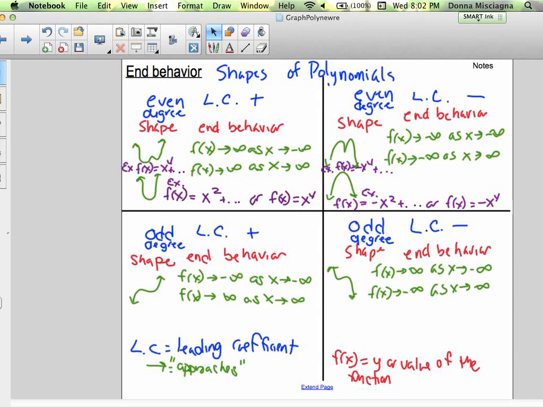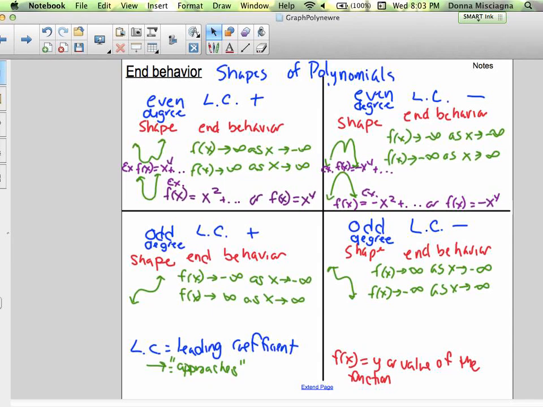And now we have our odd degree. And our odd degree is always going to look like an S. Sometimes it's got a little bit more wiggles in it if we add things to it, and a few less wiggles if we don't add things in. So odd degree, leading coefficient's positive. There's our basic shape.